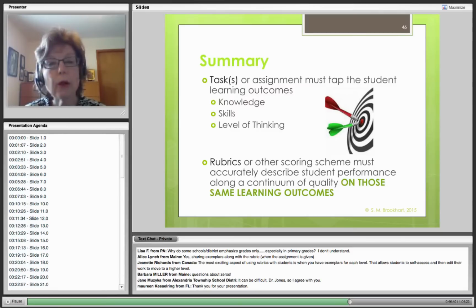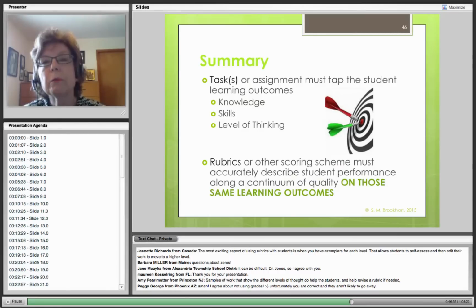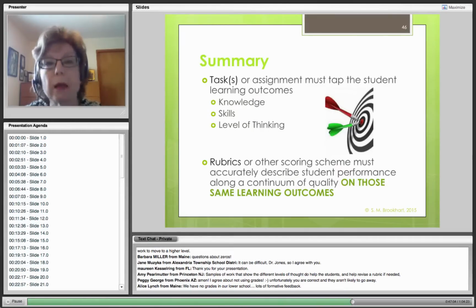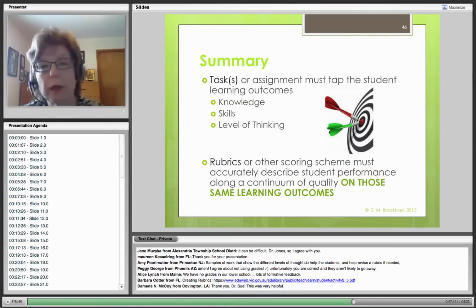My issue would be if you need grades, if you need your rubric to be grades, you need to combine it carefully with other grades because the numbers in rubrics are not the same as the numbers in percents. And so the best thing to do is convert them all to the same scale, whatever grading scale you use, ABC or advanced, proficient, and so on.